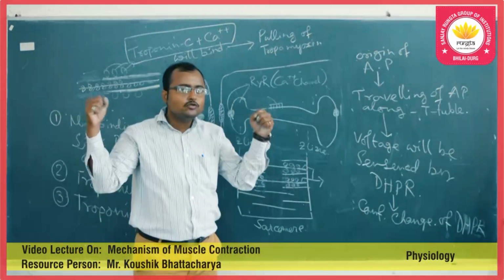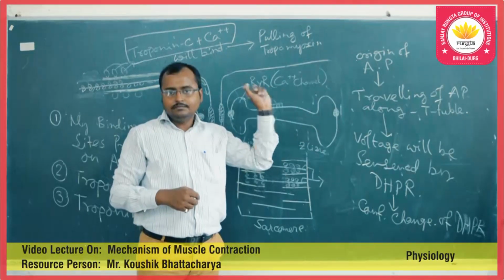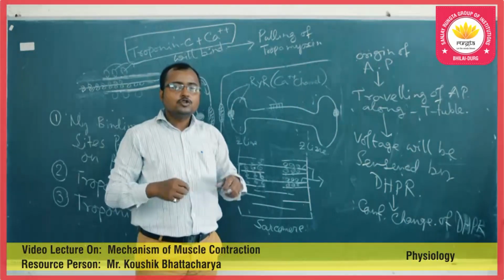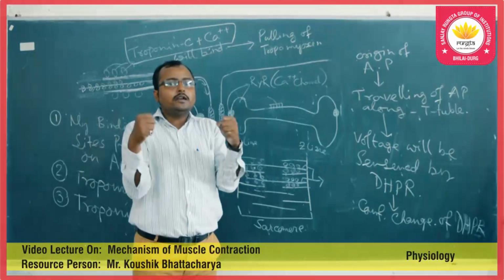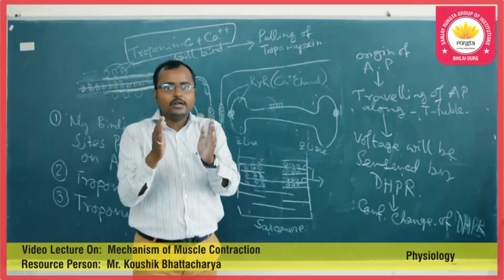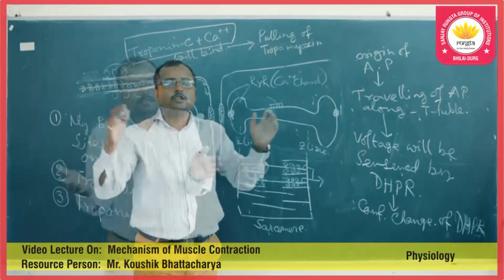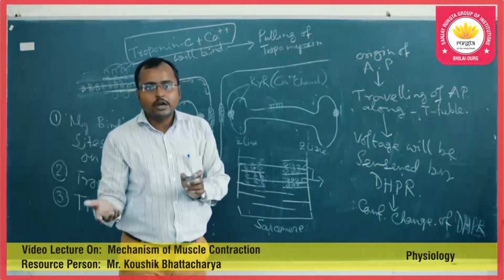Now all the myosin heads will be attached with the myosin binding sites present on the actin molecule, right? They will together pull the actin towards the central area, so that the shortening of the sarcomere distance is known as the muscular contraction.